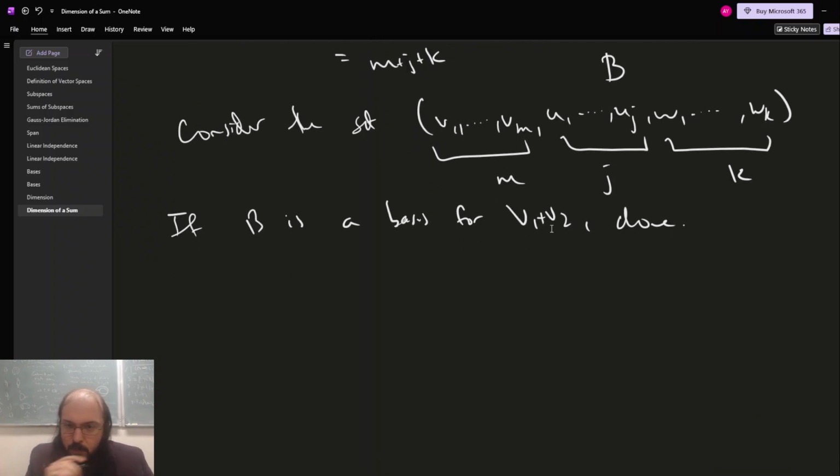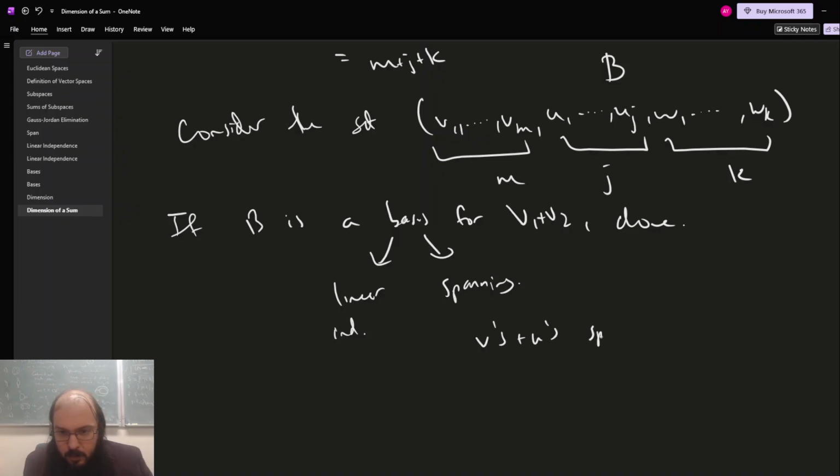And actually, we're halfway there off the bat. Why? Being a basis means two things: linear independence and spanning. But of course this is spanning, because the v's and u's span V1, the v's and w's span V2, and V1 plus V2 is, by definition, the stuff that you can make using V1 and V2 respectively.